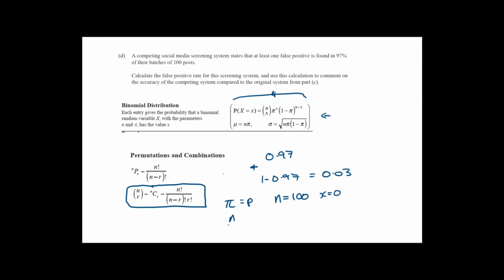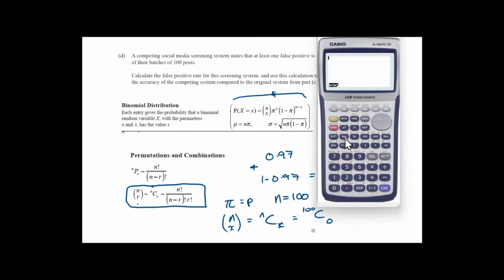And N over X, assume this one here, so it's going to be N choose X. So it's going to be 100 choose 0. So anything choose 0 is going to be 1, but let's prove it. So how do we do it on these calculators? We go to the main screen, then go to option, probability, and here it is here.